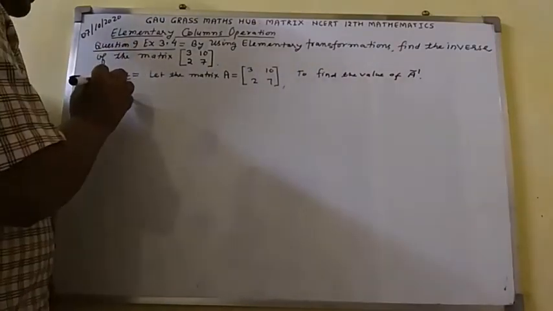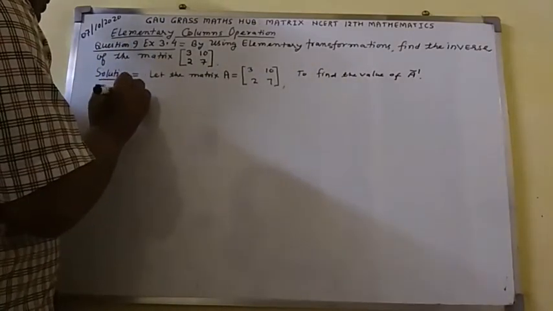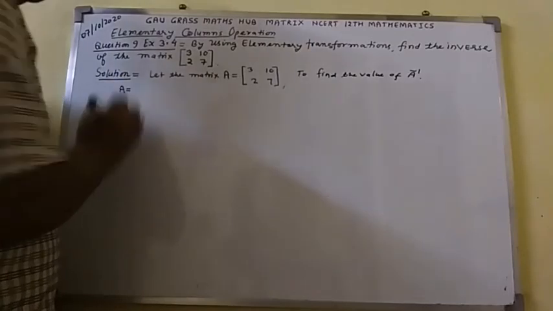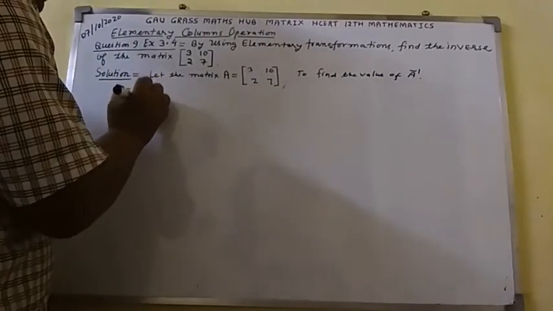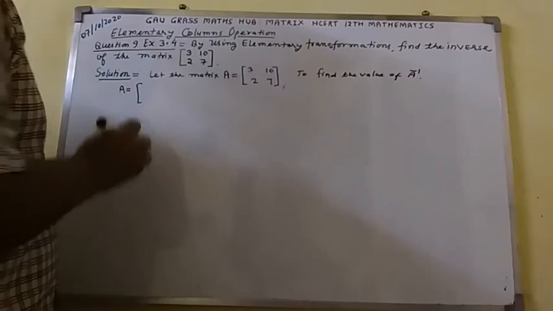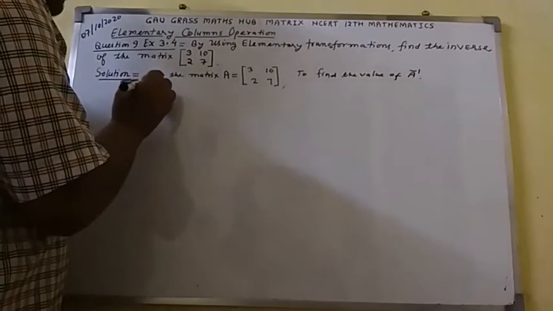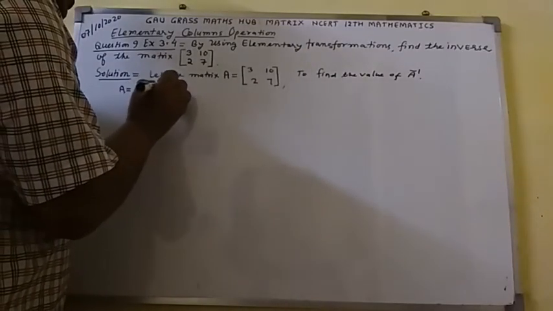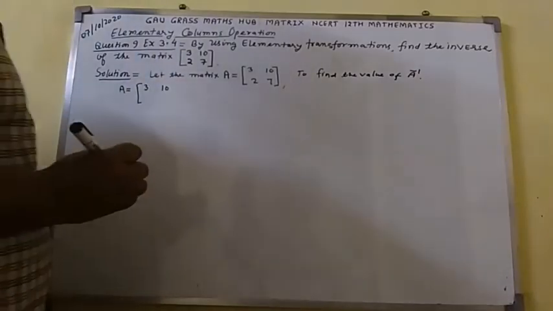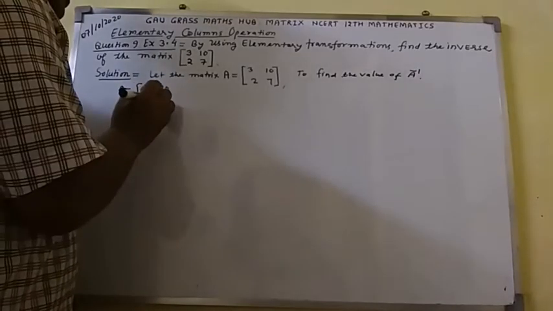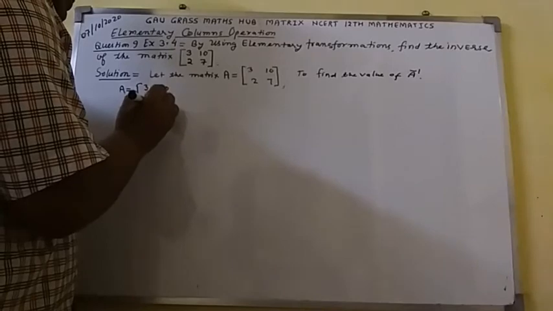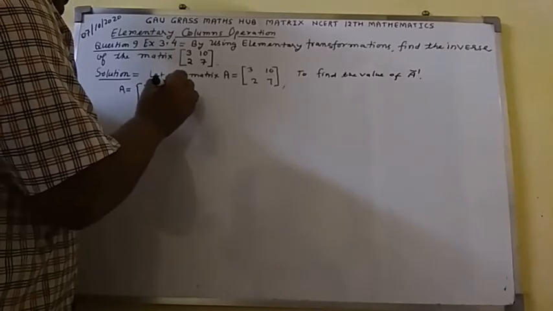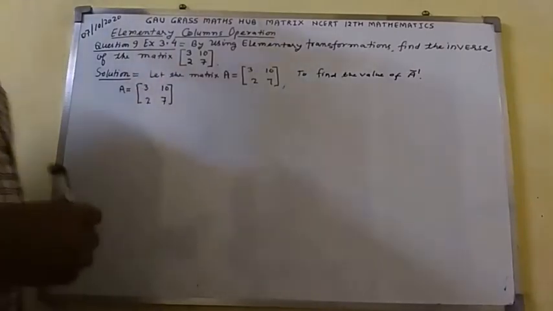Here I shall write again A equal to, opening square bracket, the elements of the first row I shall write 3, 10, the elements of the second row I shall write 2, 7. Closing square bracket.